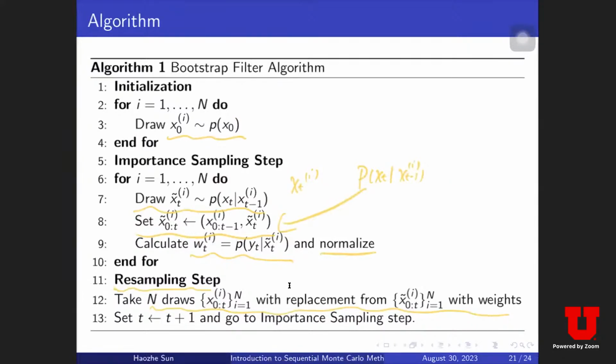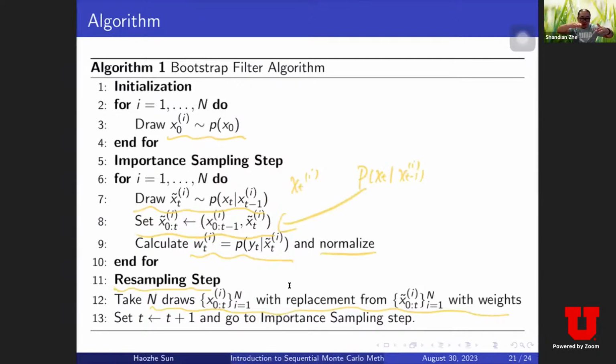After the resampling step, what? All the particles have uniform weights, or yeah, they should have the same weights. It becomes 1 over n again. But these particles can have the same value, but they're treated as different particles, because you're doing the chain, right?